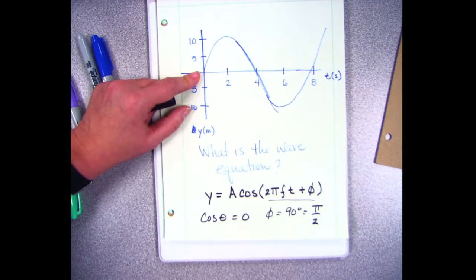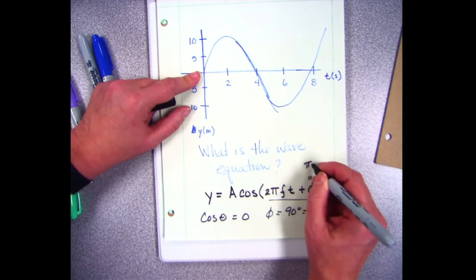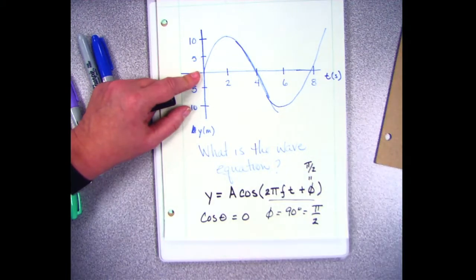That will give me my 0. So this phase angle, when I'm doing cosine, is pi over 2. We did this same problem on Friday, but we used the sine instead of the cosine, and that phase angle was 0. That's all related to where I'm starting my wave, where that wave starts. So that's the first part of the problem.